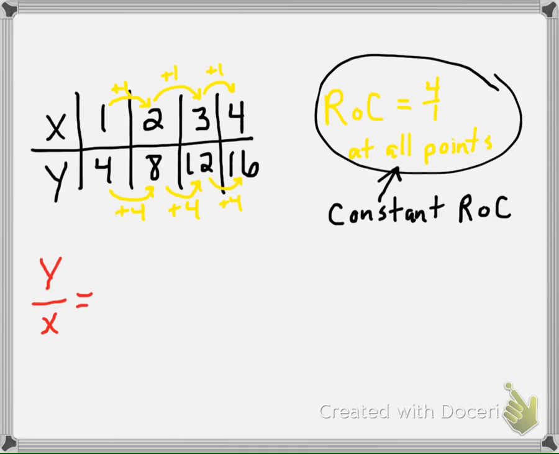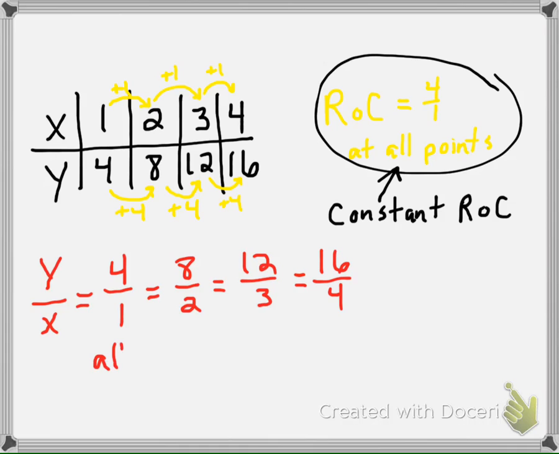Now I'm going to check and see if it's proportional. I'm going to put Y over X. So I put the 4 over the 1, I put the 8 over the 2, I put the 12 over the 3, I put the 16 over the 4. And if you notice, all of those give you the same number.